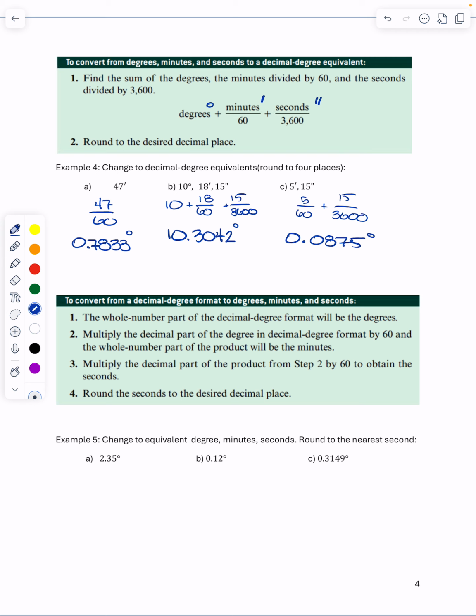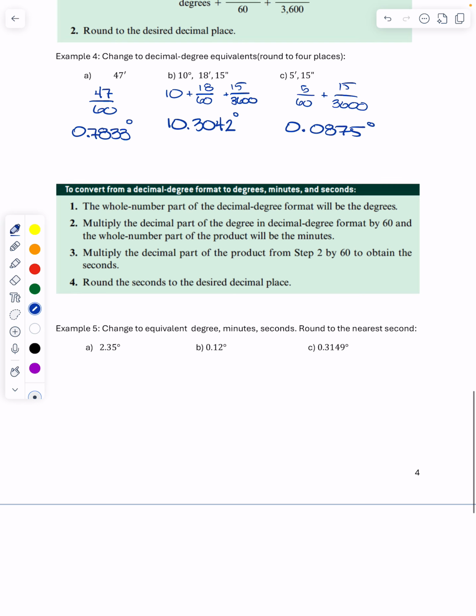When we want to go back the other way, we're going to do the opposite of what we did. So if I have seconds, I'm going to multiply it by 3,600. If I have minutes, I'm going to multiply by 60. And actually, I'm going to go minutes first and then seconds. We'll pull the minutes part out, see what's left, then pull out the seconds. So let me show you what I mean.